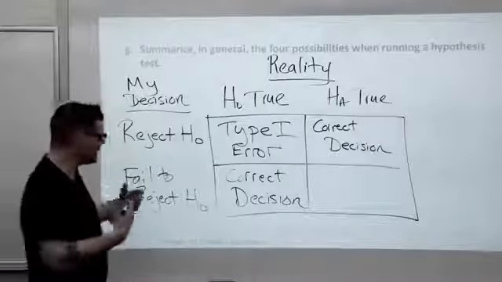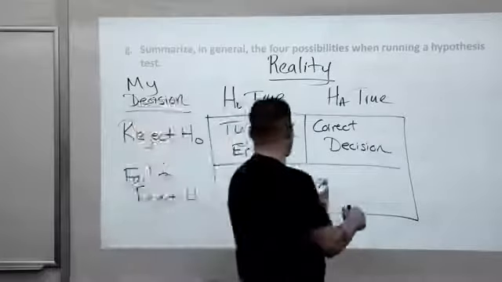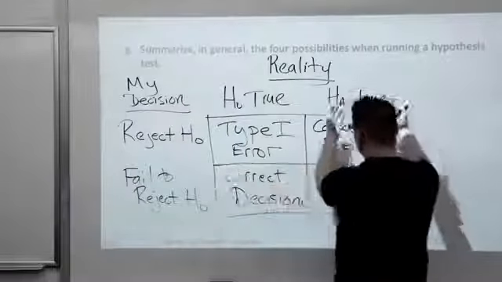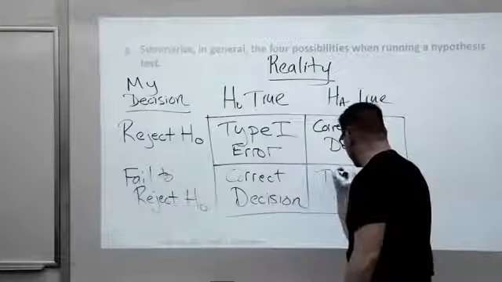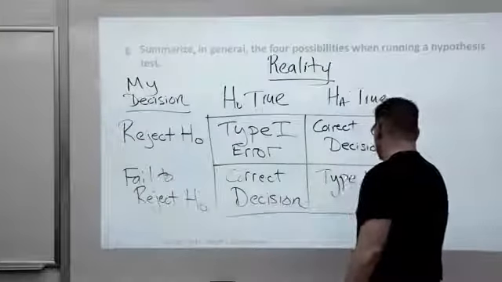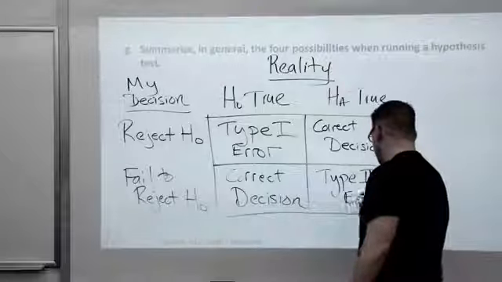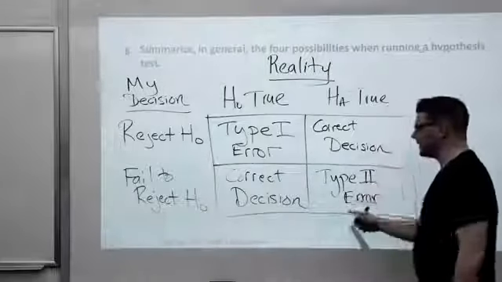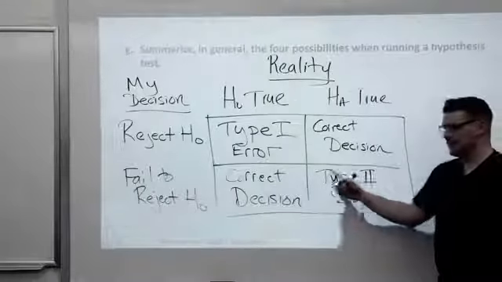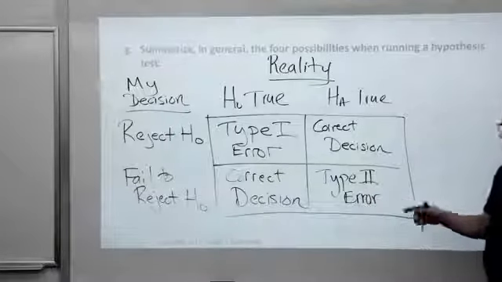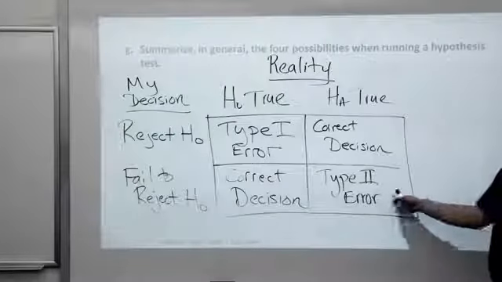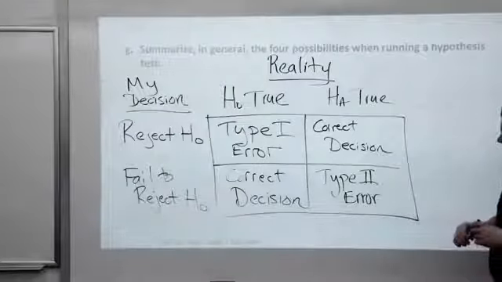It's a false positive. Down in the bottom is that type 2 error. Failing to reject when we should have, right? This is a type 2 error. And you can think of this like a false negative. You have that disease, you got tested for it, came back clean. Right? It's a type 2 error.